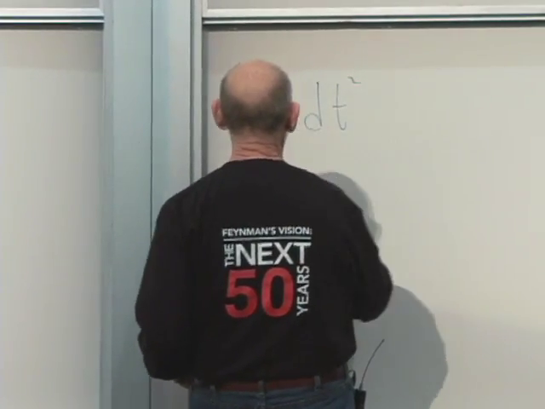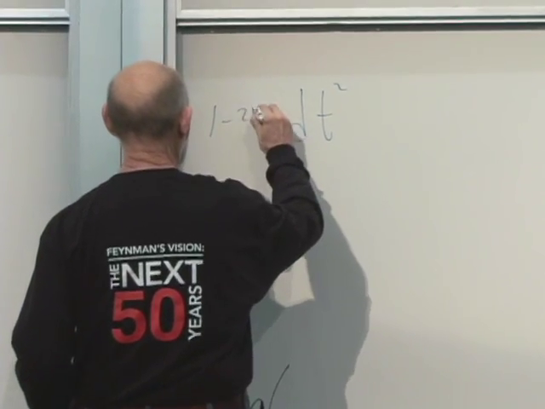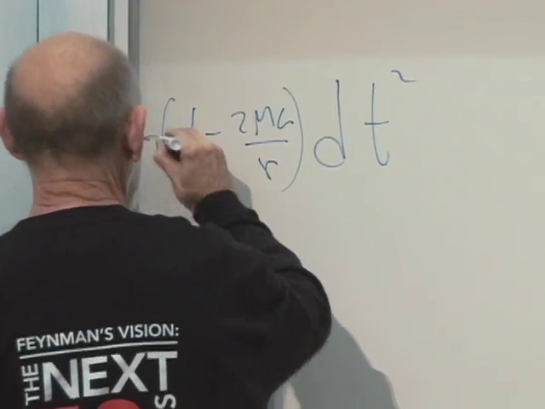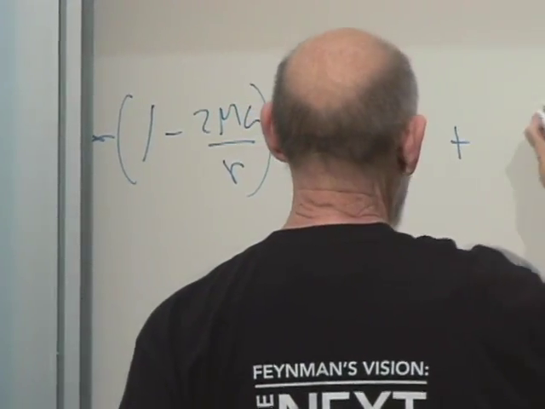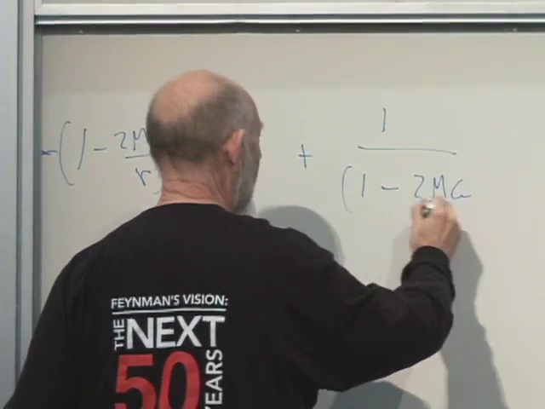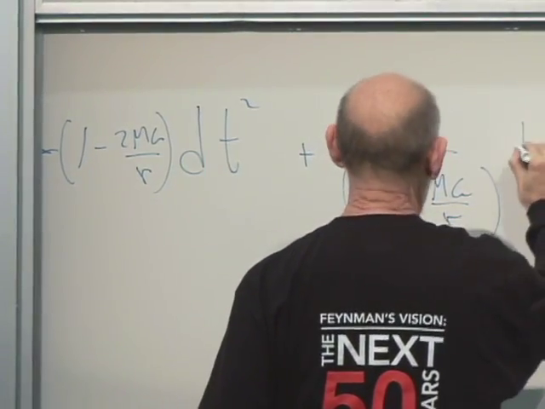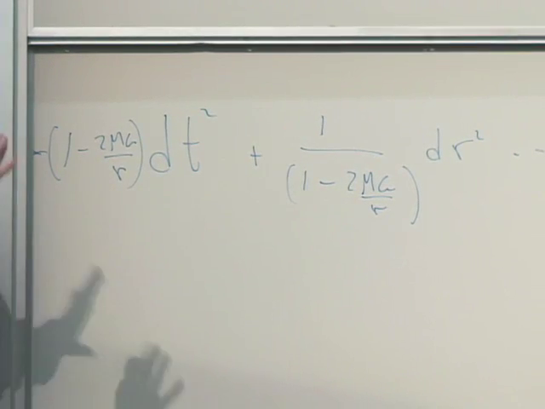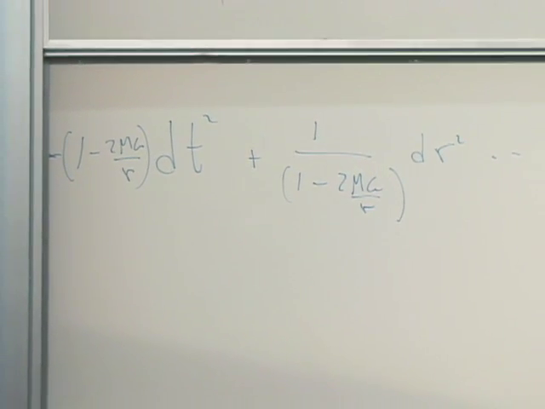dt squared times (1 minus 2mG over r), with a minus sign, and with a plus sign, 1 over (1 minus 2mG over r) dr squared. And then there's another term, r squared times the angular coordinates. Let's suppress that, not worry about it.